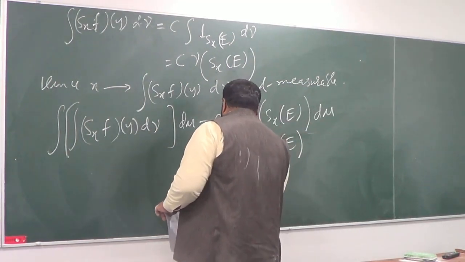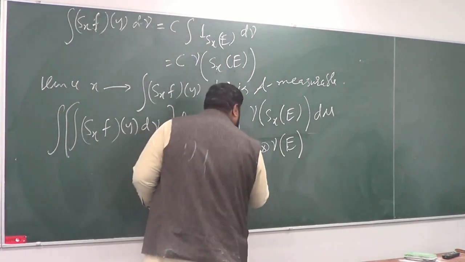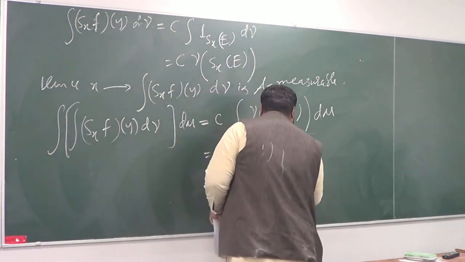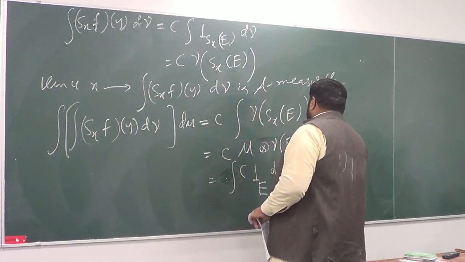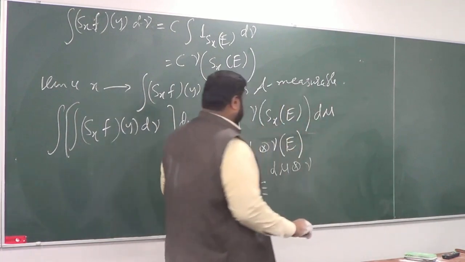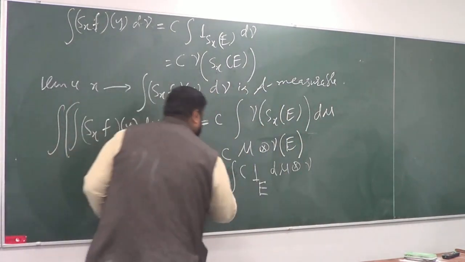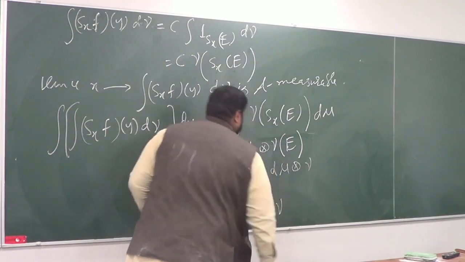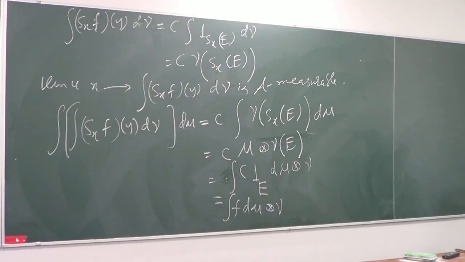If I integrate phi multiplied by the indicator function of E with respect to d mu, and this is your f d mu product. So you have this identity, but for the indicator function. So I'll quickly just finish up this proof.